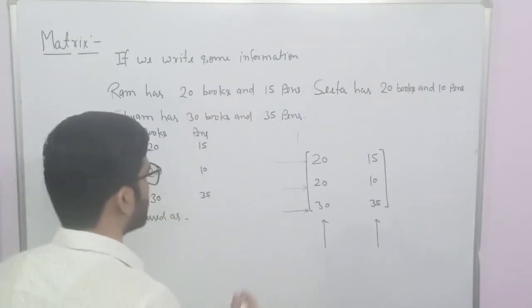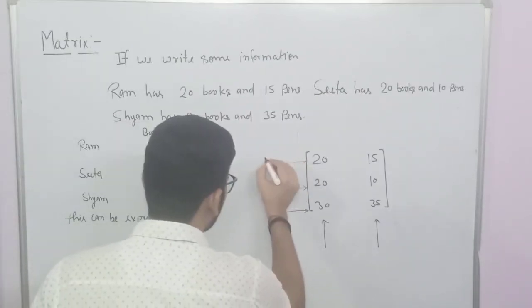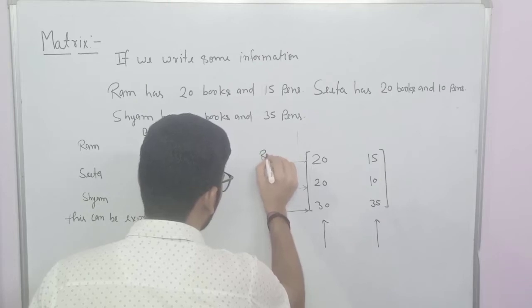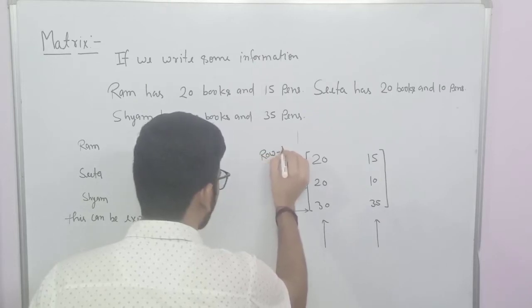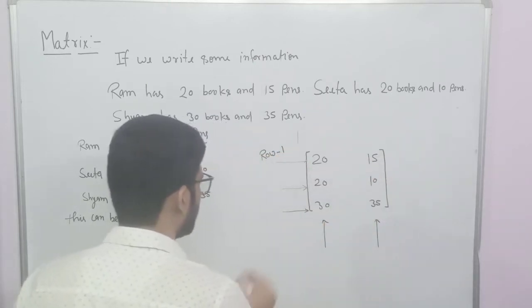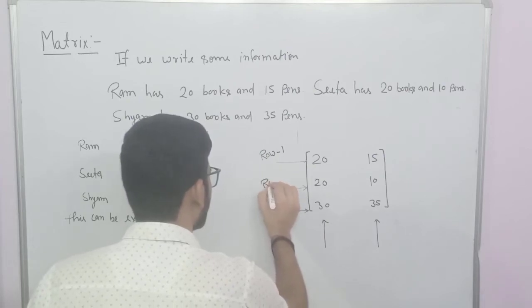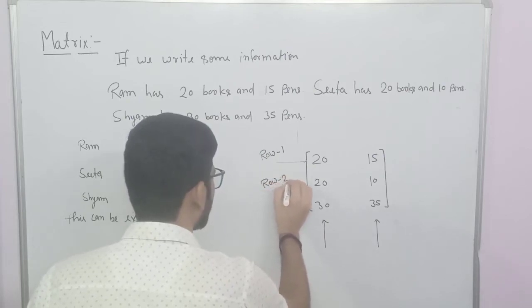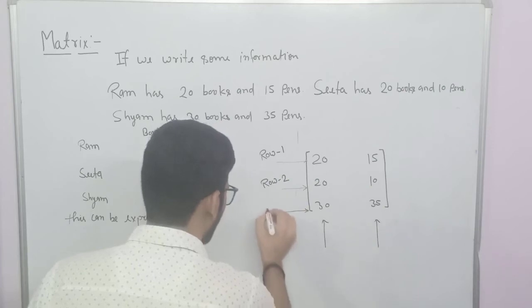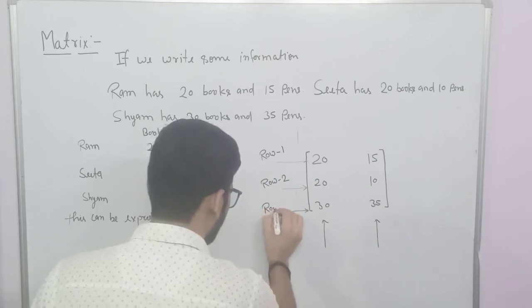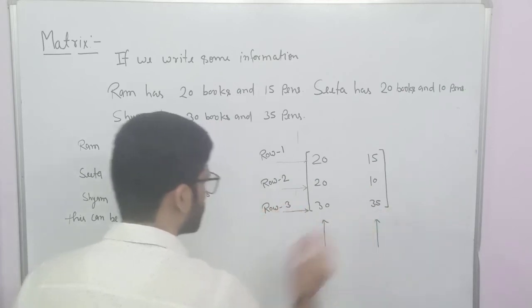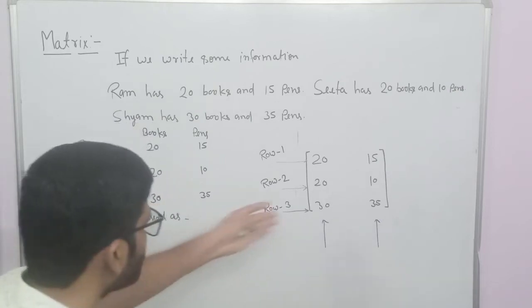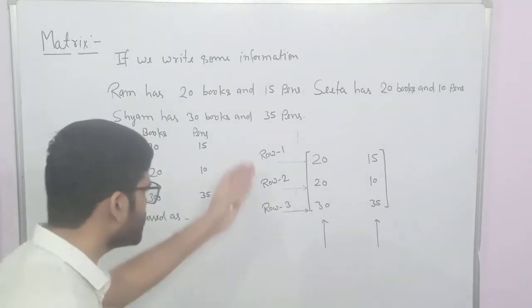So you can write here row 1, the first row, row 2, the second row, and third row. There are 3 rows.